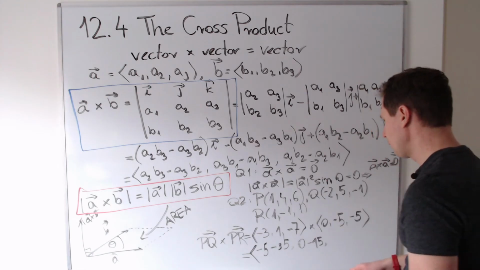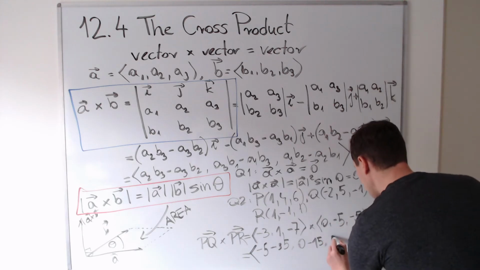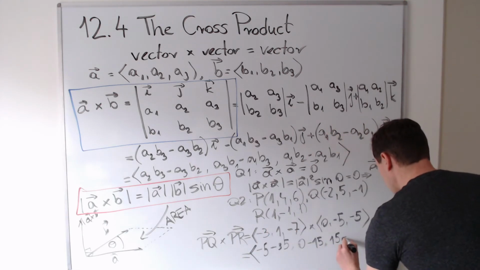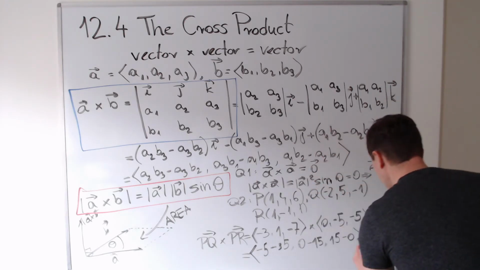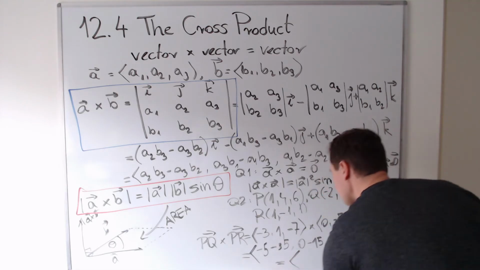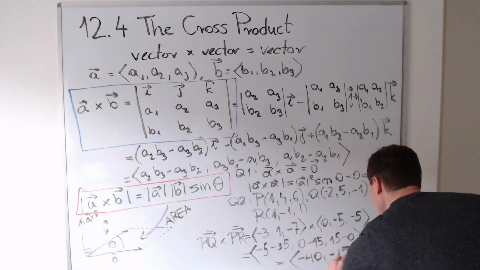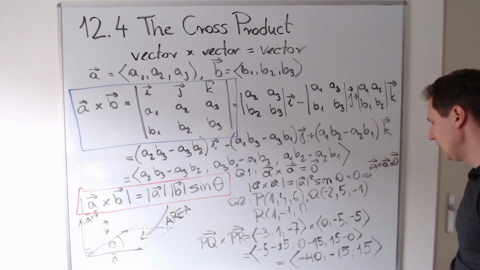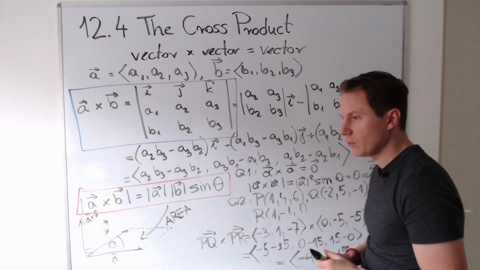And then for the third component, I have -3 times -5, giving me plus 15, and I have to subtract 1 times 0, well, that's just 0. So all I get for the three components of this cross product is -40, minus 15 and plus 15. Okay, so I hope you got it right.